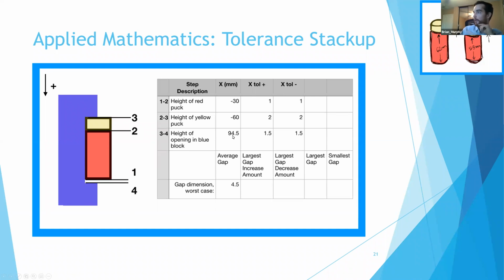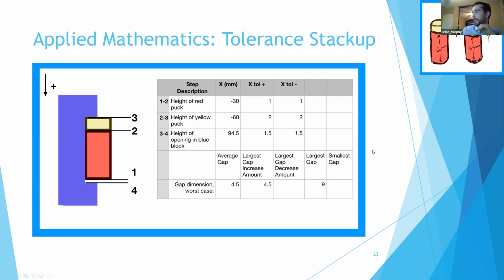So the opening would be 94.5 plus 1.5, so 96. And then we have 90 cumulatively for the pucks, minus 3 cumulatively for the pucks, which would give you 87. So 96 minus 87 gives you 9 as the largest potential gap.